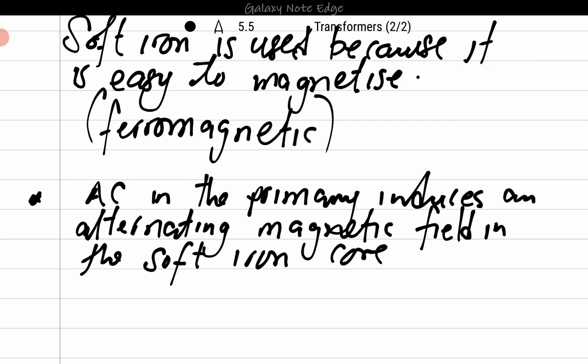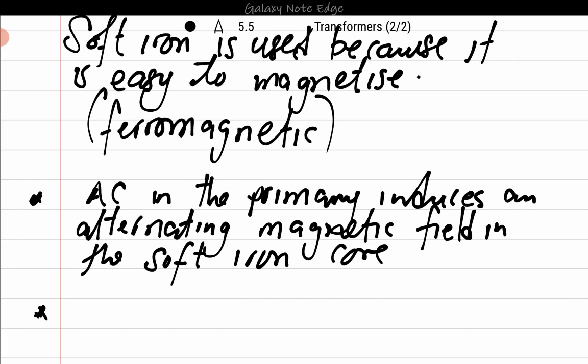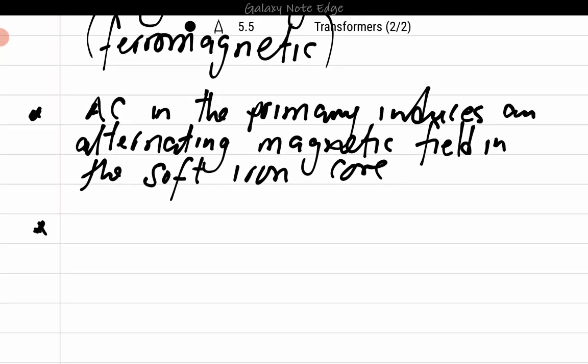So that is the first thing you may be asked to describe. So these will be the things that you'll be required to expand in the description of the operation of a transformer.